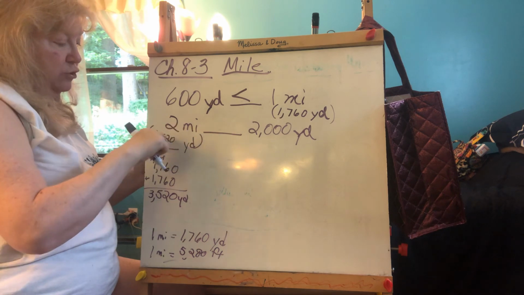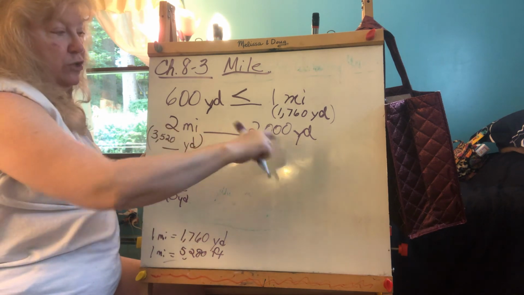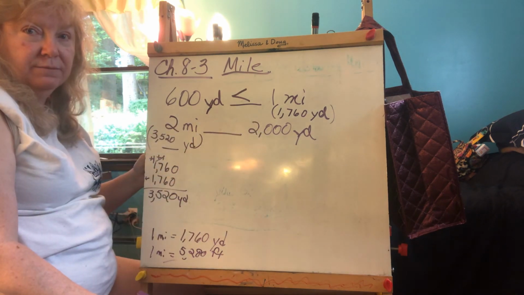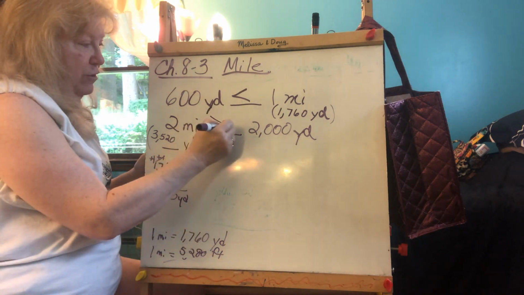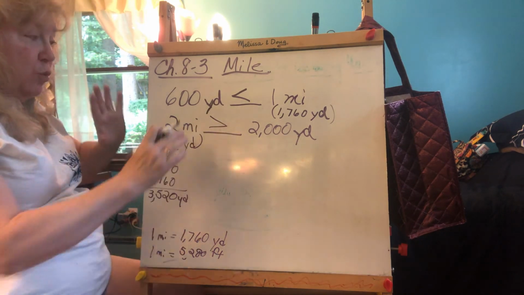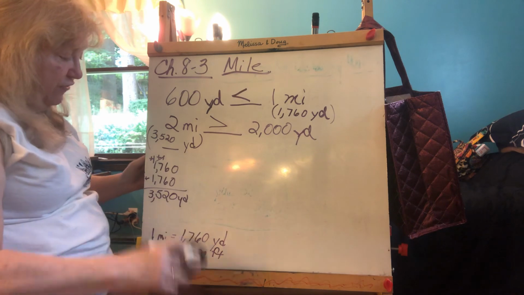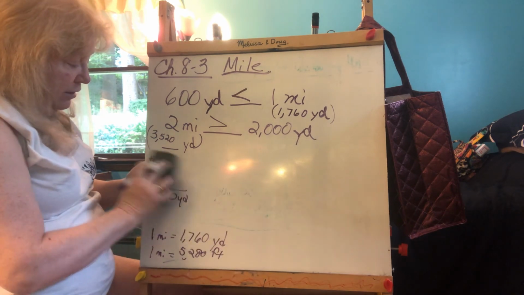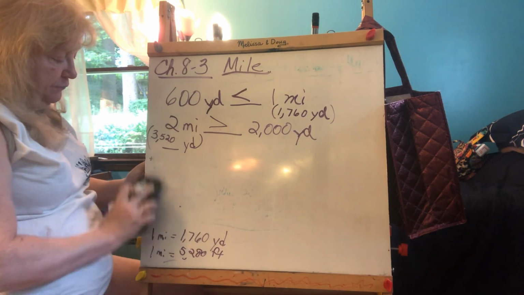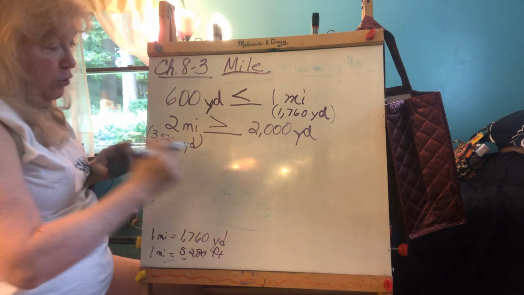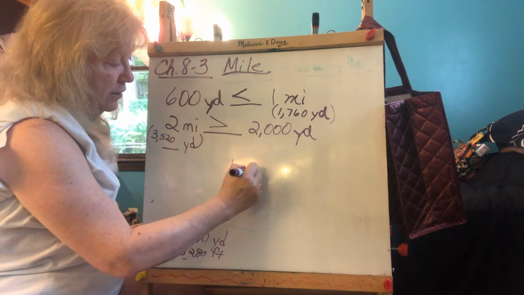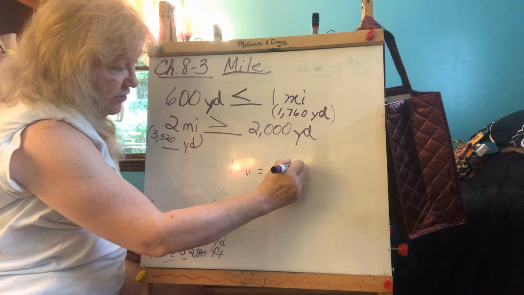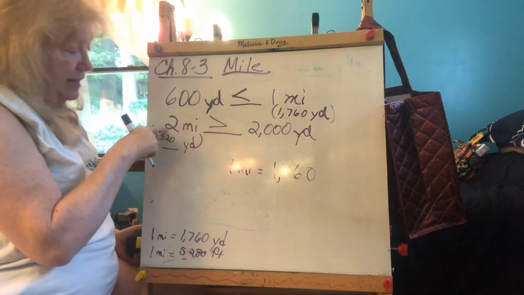Now can I compare these two? Is 2 miles greater than, less than, or equal to 2,000 yards? That's right, greater than. So what I had to do was first figure out what 1 mile equaled in yards, which we know from our notes is 1,760, but we're not asked about 1 mile.